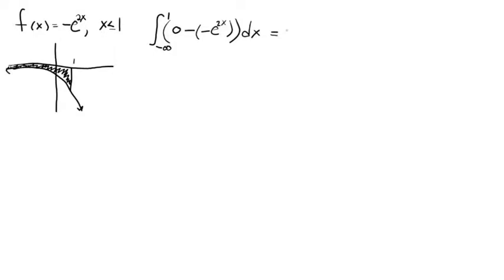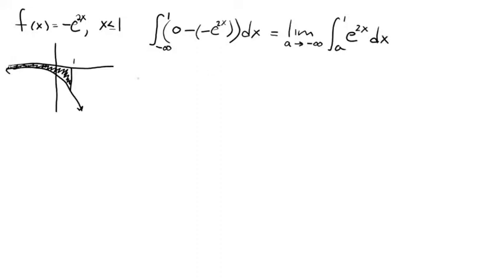So now I can take care of my lower bound. This is going to be the limit as a goes to negative infinity of the integral from a to 1. Now I can clean all this up, and this just becomes e to the 2x dx.